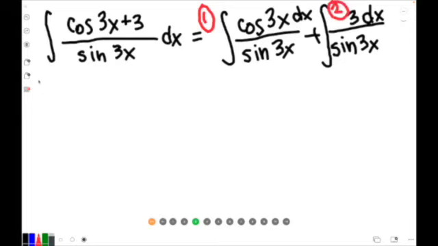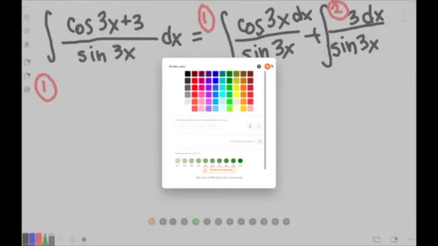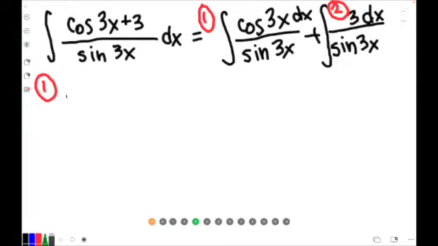So for the first integral, we will evaluate it. So we have cosine 3x over sine 3x dx. We know from our previous lessons on identities that cosine x all over sine x is just equal to cotangent x.